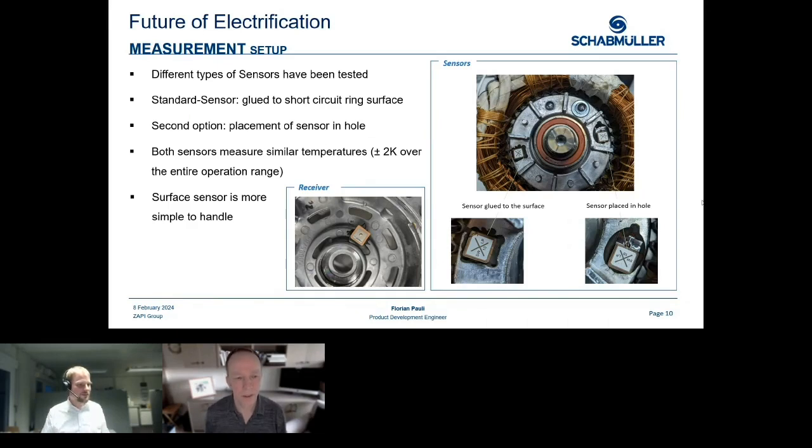The derating strategy is a protection for the equipment, and that's not transmittable to the test bench. So to be clear, this kind of rotor temperature measurement is currently only for prototype production on the test bench.